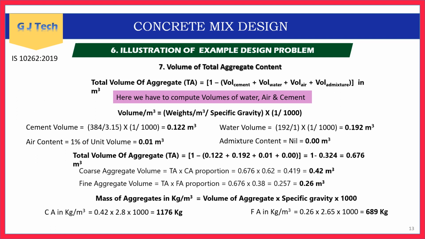Total volume of aggregate is the aggregate volume in the concrete that can be obtained by deducting the volumes of other ingredients such as cement, water, air, and admixtures from the volume of concrete designed, that is, the unit volume of concrete, which is 1. Here we have computed the volumes of water, air, and cement. There are no chemical admixtures, so we need not worry about that.